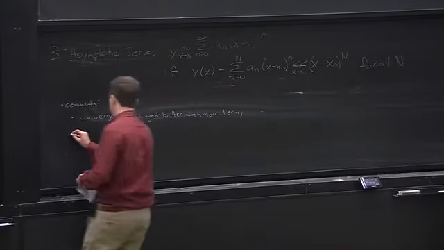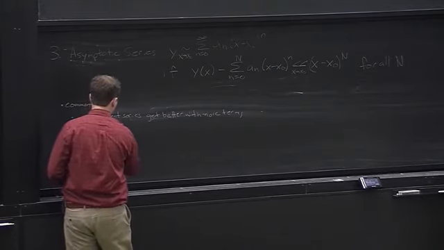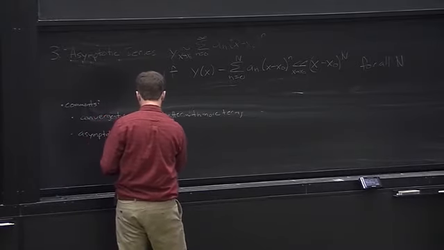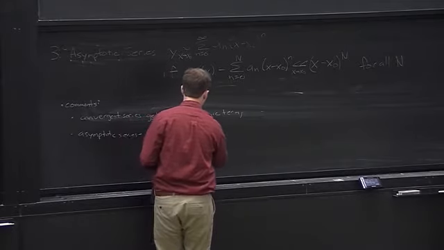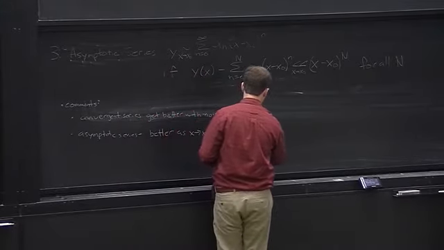So an asymptotic series is guaranteed to get better as x goes to x naught with a fixed number of terms.